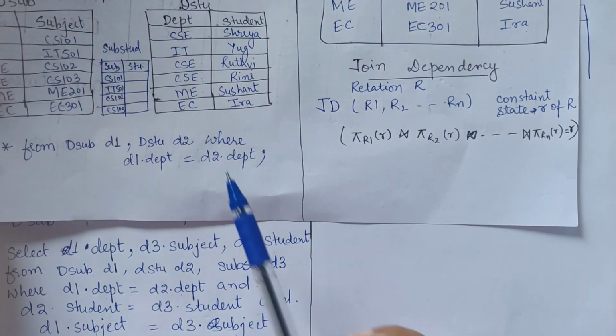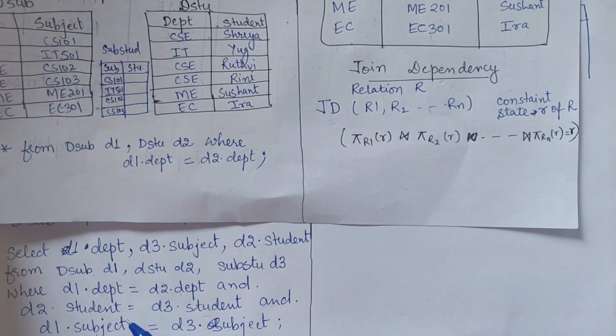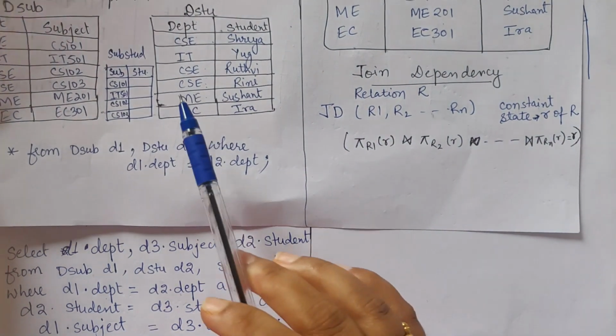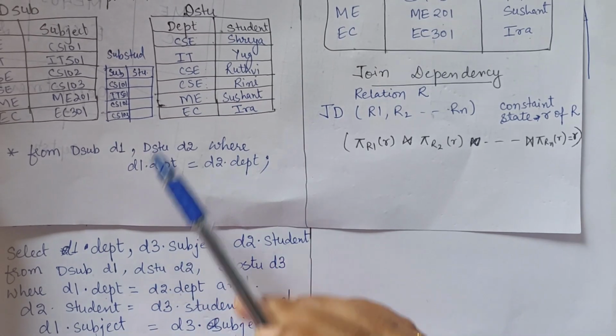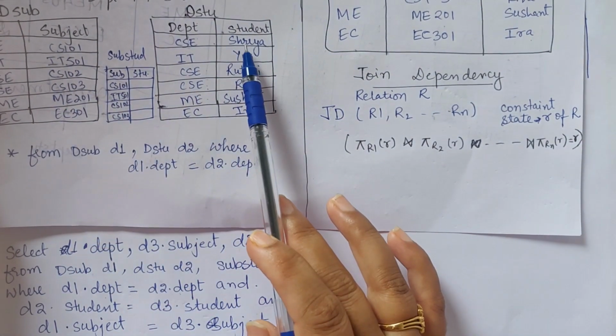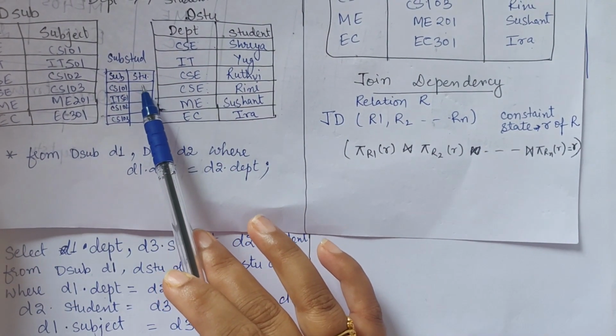So when department CS 101 will come from here, we are matching it with the other department also. The student will get matched here with subject student also. So here for CS 101 we are having Shreya, and here also for CS 101 we are having Shreya.